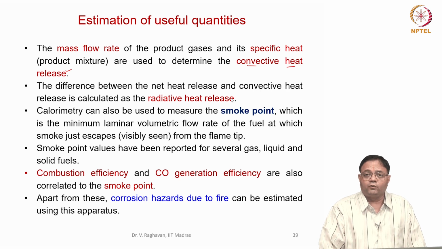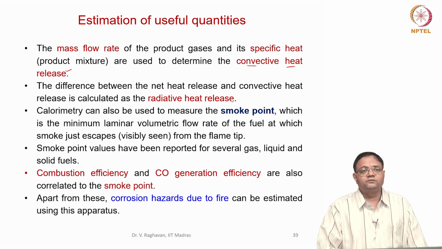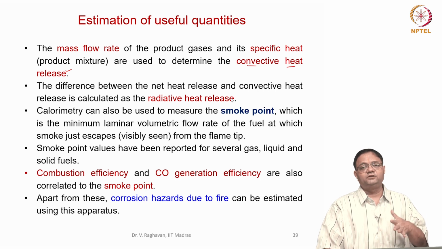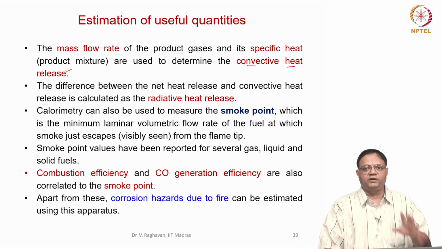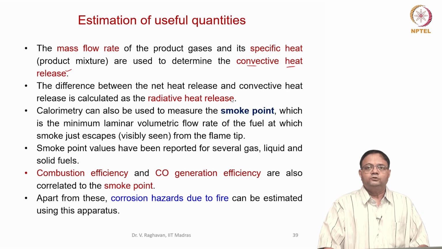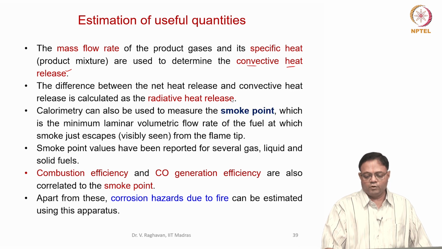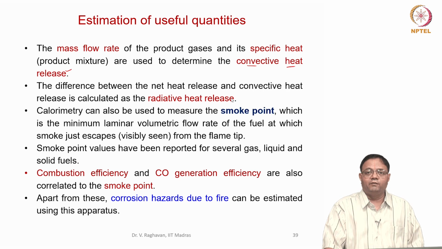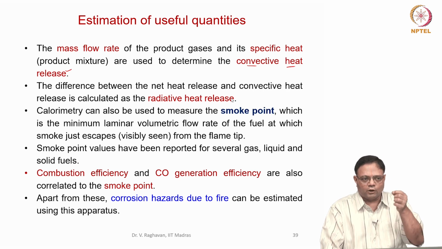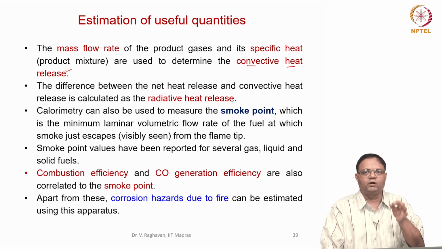Now, we have talked about smoke point. That is the minimum flow rate at which smoke is visibly seen from the fire. So that smoke point can also be measured from the calorimetries we have seen. Even the cone calorimeter can give it, because you can control your heat flux and burn it at whatever rate you want.